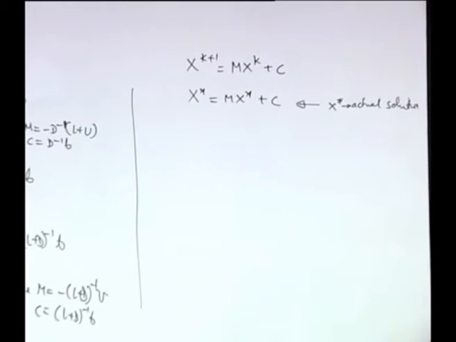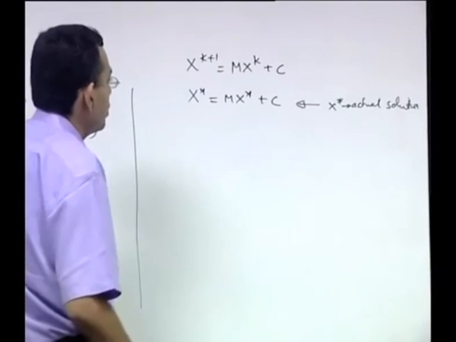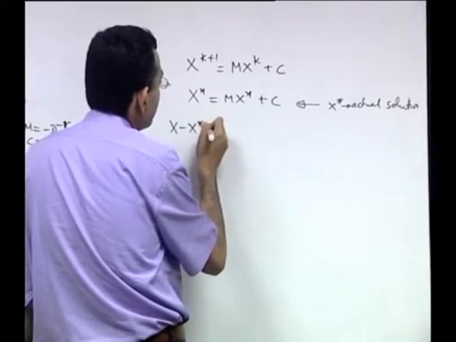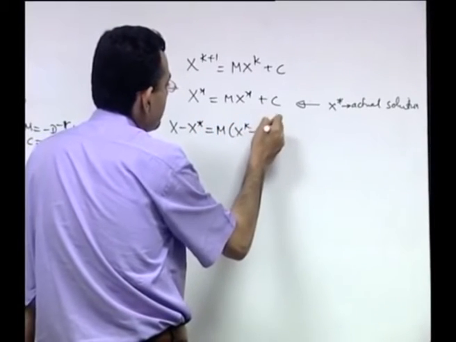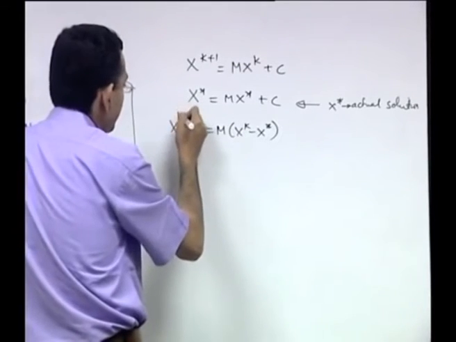So, x k plus 1 and x k both will be x star. So, if you subtract these two, then x k plus 1 minus x star is equal to M times x k minus x star.